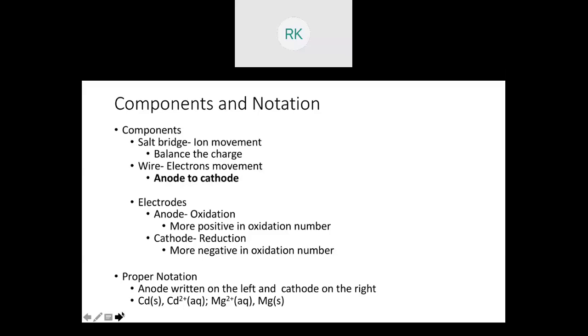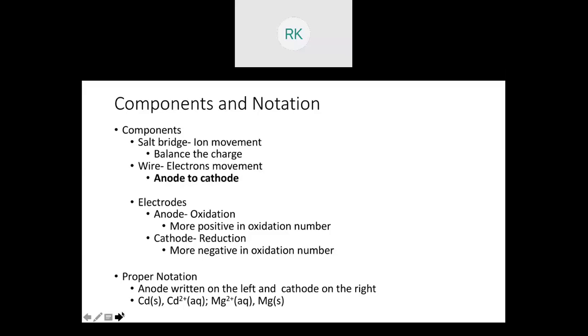I know the chemistry professors like OIL RIG or LEO the lion says GER. Whatever helps you remember what oxidation is, what reduction is, is perfectly fine. We kind of went over that last semester. Kind of the jump this semester is that the anode is where the oxidation occurs, the cathode is where reduction occurs.